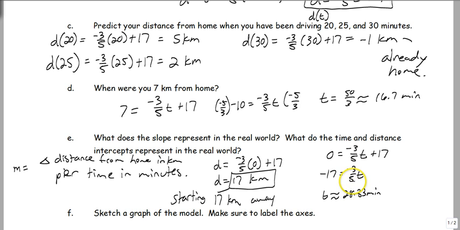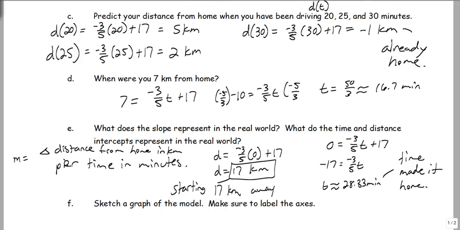And what does that represent? Well, when the distance from home is 0, this represents the time that we made it home. So one of the intercepts is your starting point and how far you are from your house. The time intercept is when you make it home.